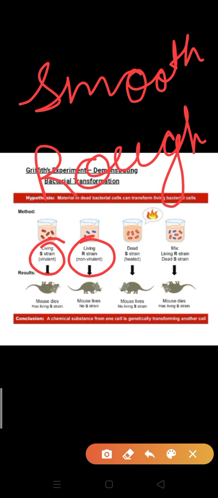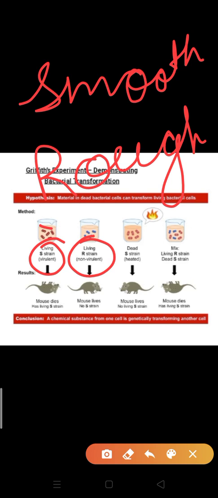A smooth type of bacteria has a capsule present around its body, but the rough type does not have any kind of capsule.